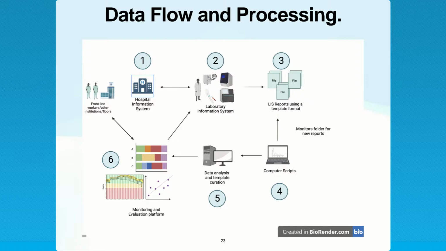We didn't want to integrate it with the HIS or the LIS because if they break, the entire pipeline breaks. So why not keep it simple? A lot of places may not have fancy LIS or HIS, but we can integrate if we wanted. We had the scripts, but I just want to impress upon you the fact that 3 is where all the info sits.